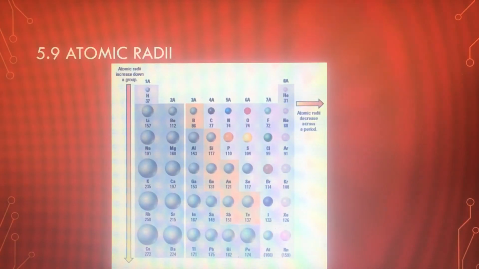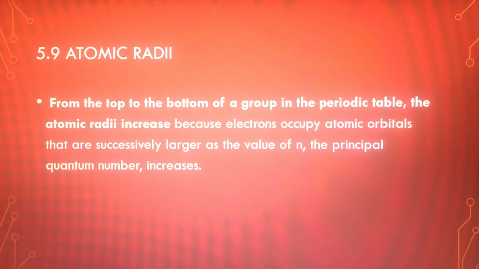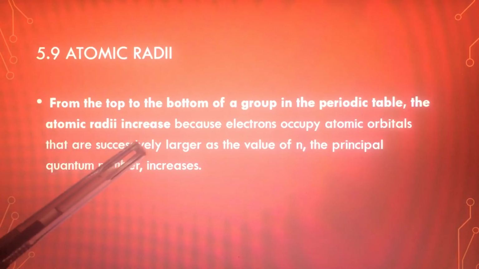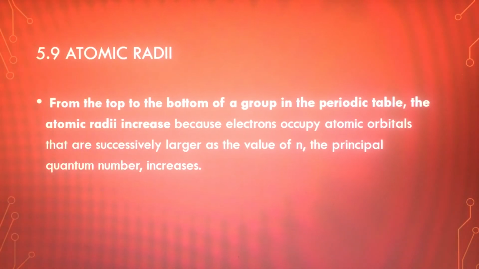So how is that explained? From top to bottom of a group in the periodic table, the atomic radius increases because the electrons occupy atomic orbitals that have a larger value of n, or the principal quantum number.